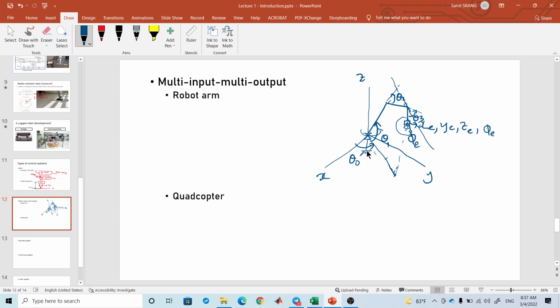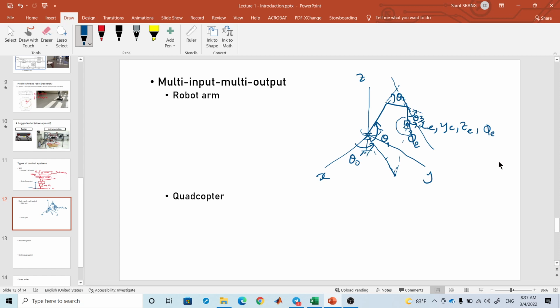You have 4 inputs. Those are the voltages of each motor, the voltage that is applied to each motor. So you have multiple inputs and you have multiple outputs: x, y, z, and phi.